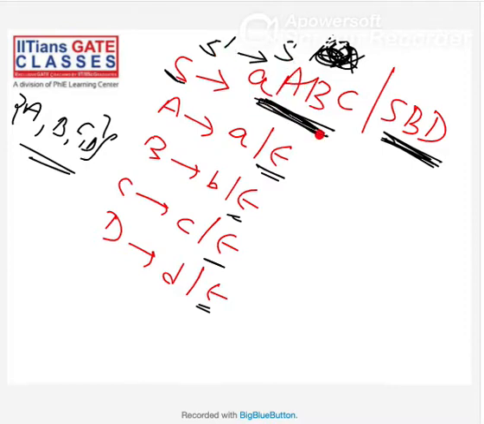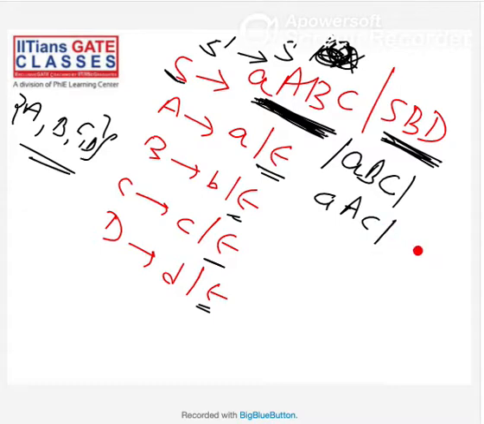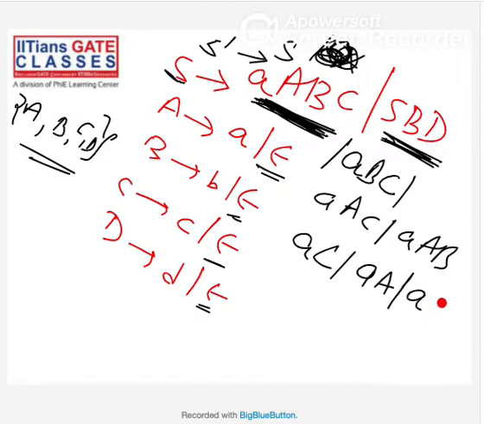Now here you can see A, B, C, everyone is nullable. So what productions will you add? You will leave it as it is. Also you will remove A, remove B, remove C. Now you will remove both A and B, both B and C, both A and C. Now you will remove everyone.